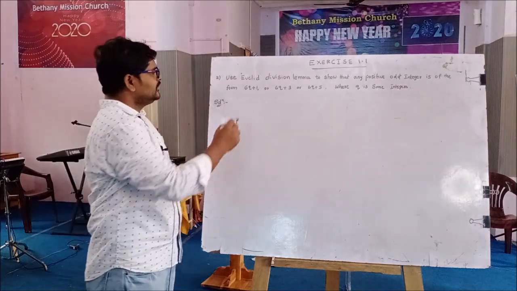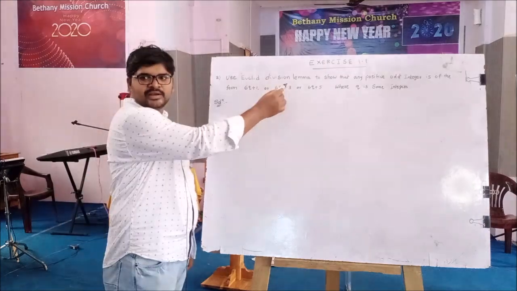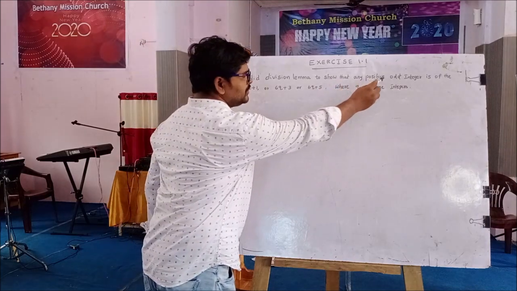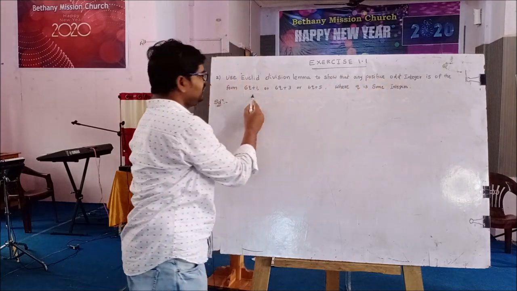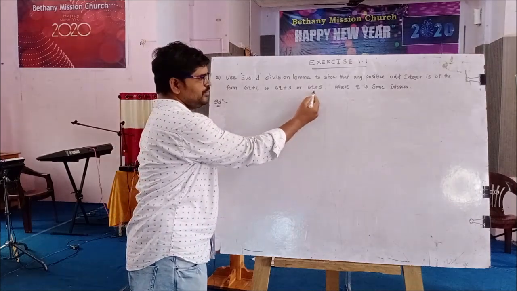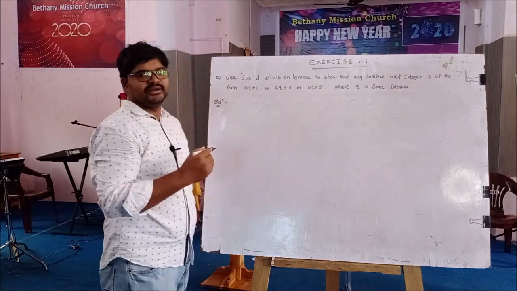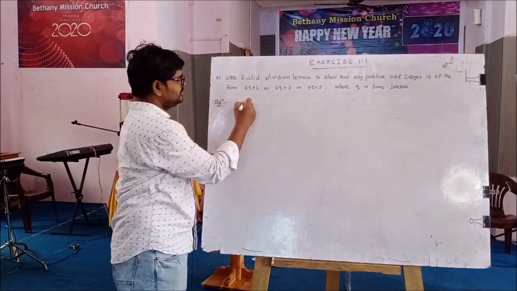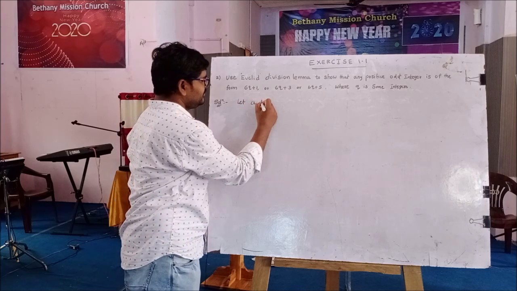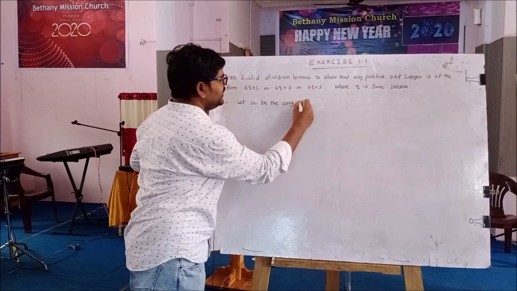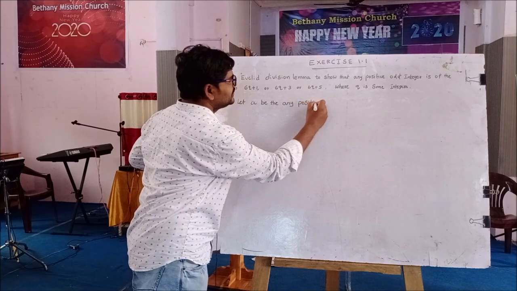Once again, use Euclid division lemma to show that any positive odd integer is of the form 6q plus 1 or 6q plus 3 or 6q plus 5, where q is some integer. Solution: let A be any positive integer.